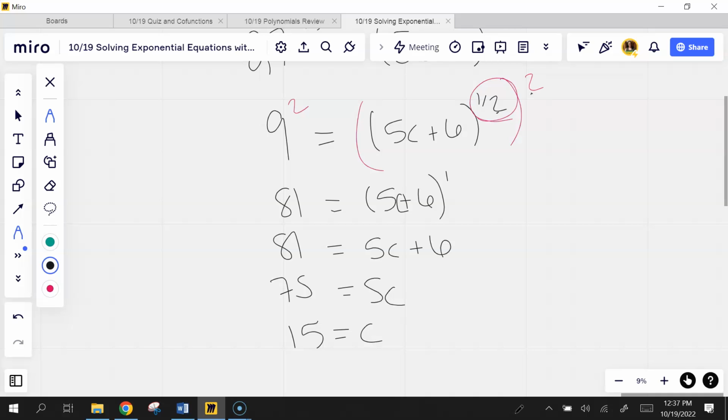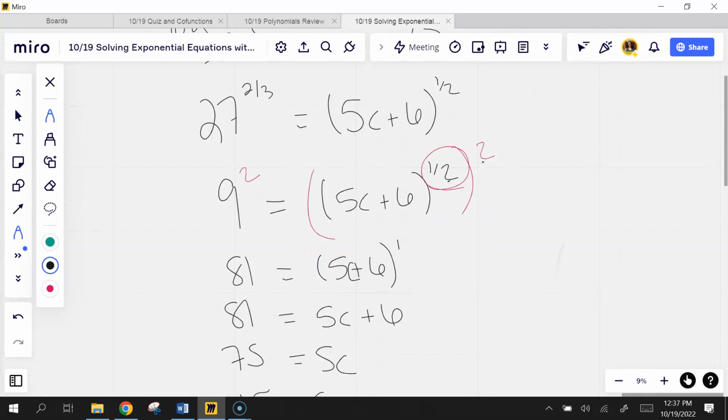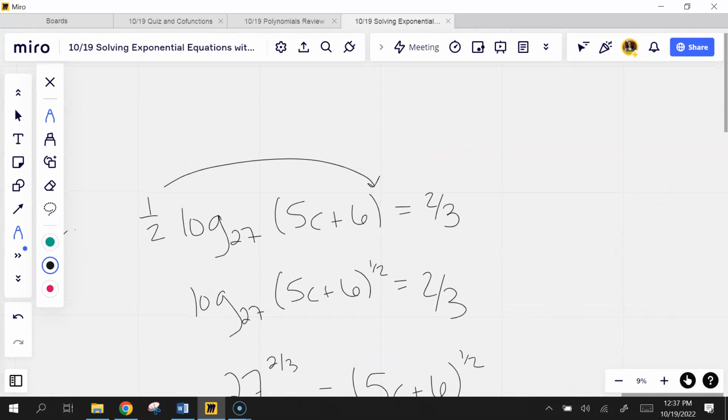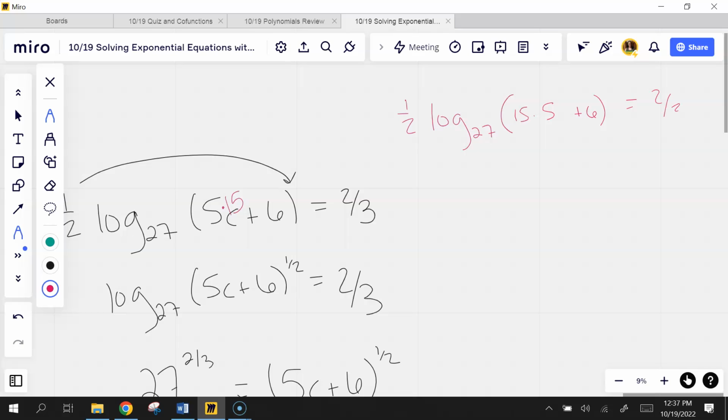So, how do you check for extraneous? Go back to the beginning. Okay, so 15. I'm putting a 15 in right here. That's the very first equation, right? So 1/2 log base 27 of 15 times 5 plus 6, does it equal 2/3?